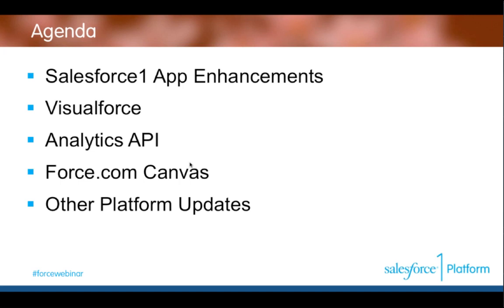And then kick it back over to me, talk a little bit about the Analytics API and some of the great new features that have come out around that now that it's been GA since last release and coming out with huge stuff each release. And then back over to Dave, he's going to talk about Force.com Canvas and the great stuff you can do there around integration. A ton of new stuff becoming generally available with that. And then I'm going to close out the 45 minutes talking about other various platform updates around new objects and various API updates. We're going to be able to get all that in 45 minutes, Sam?